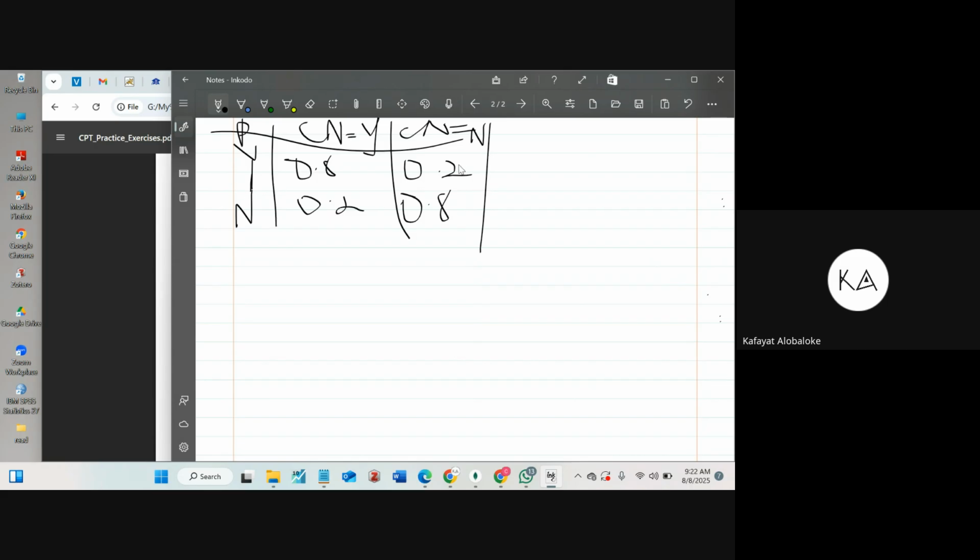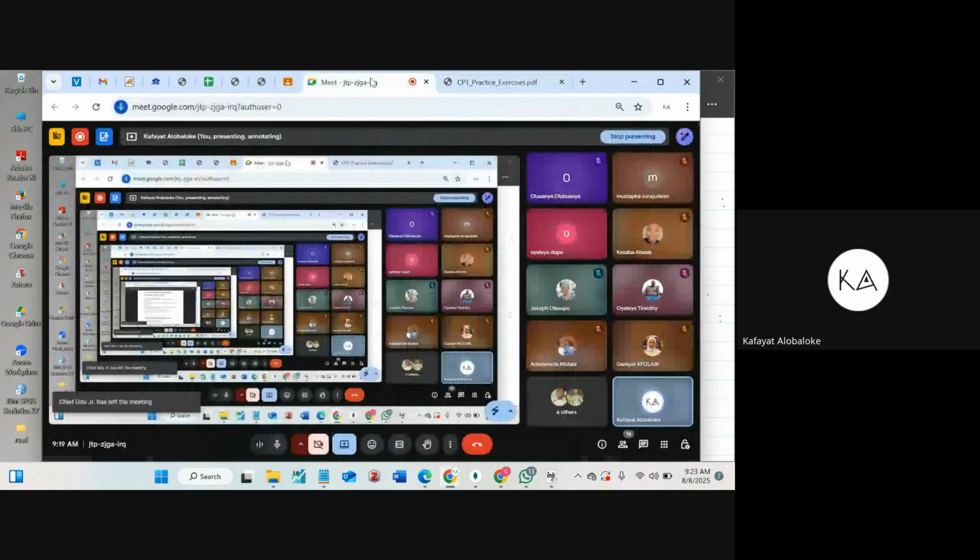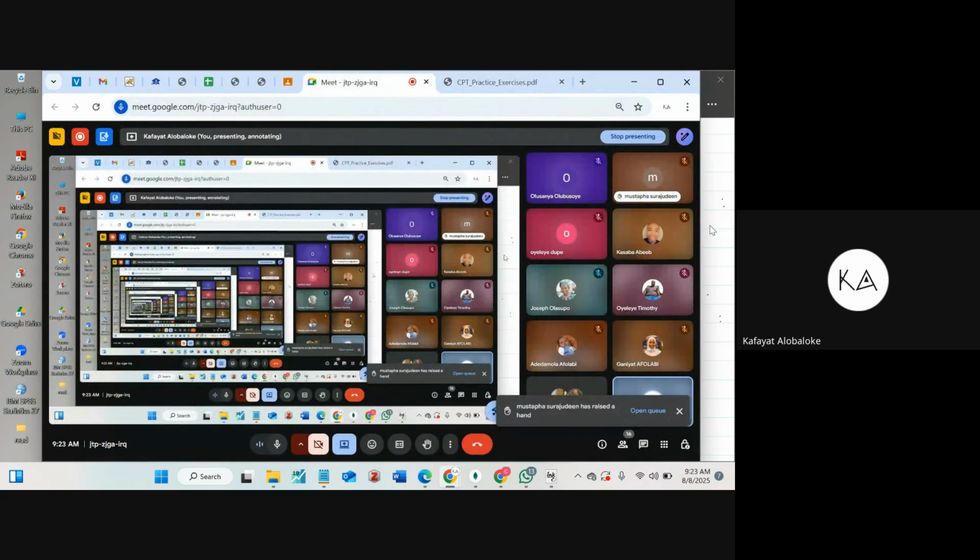Now, how do we interpret this? Remember, these values are probability values. Who wants to try? Okay, who is raising hand? Mustafa, okay, go ahead.